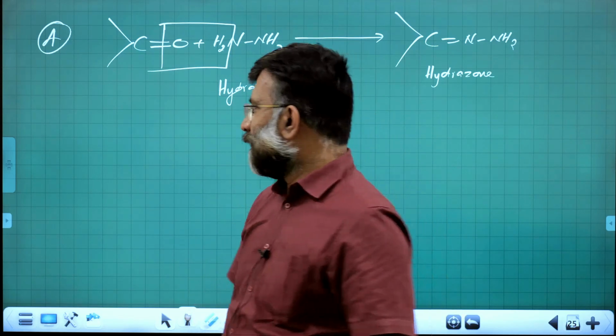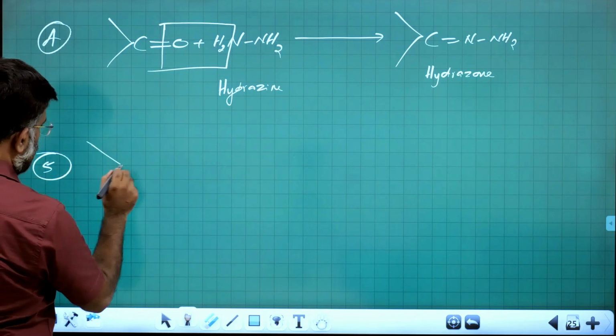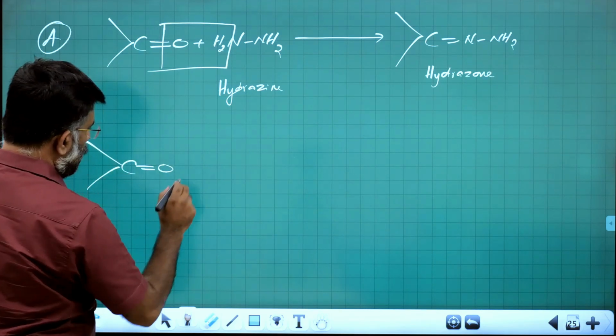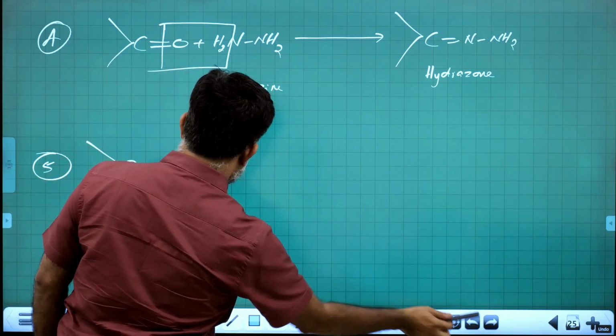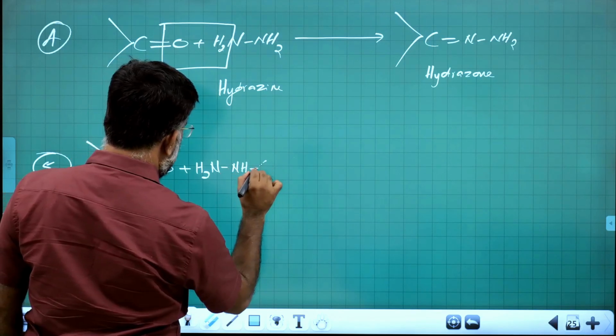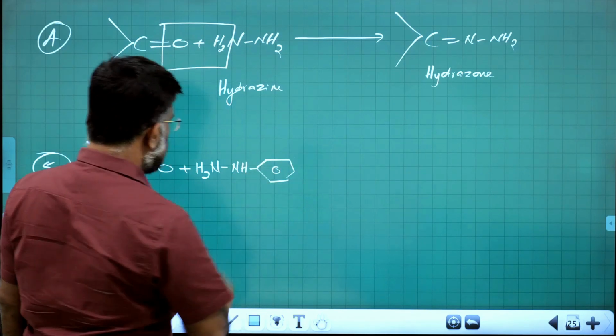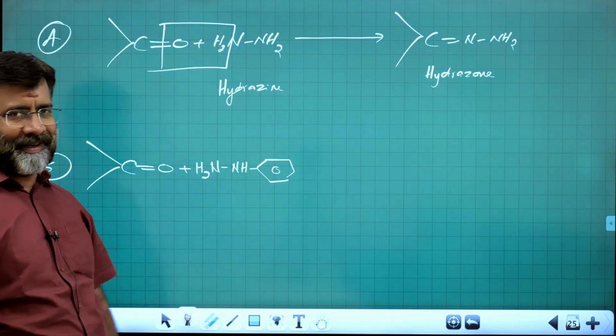Okay. Next, phenylhydrazine, the fifth one. Carbonyl compound, aldehyde or ketone, interacts with phenylhydrazine. This is phenylhydrazine. There is a benzene ring, NH2, NH2, hydrazine, phenylhydrazine.